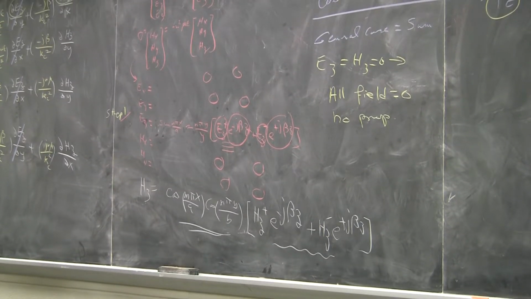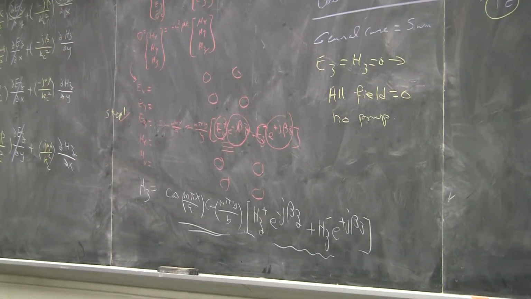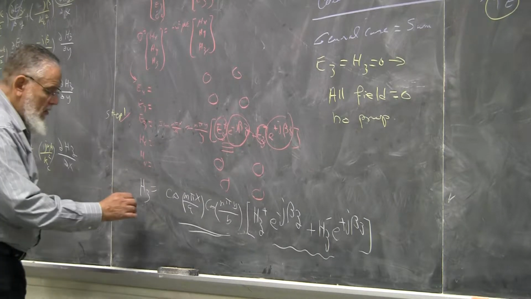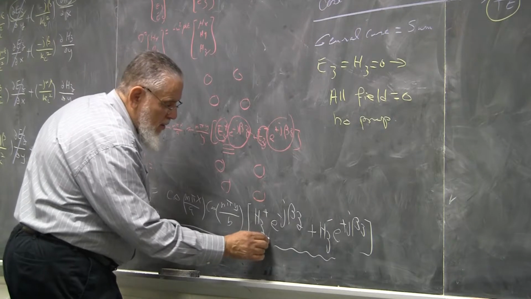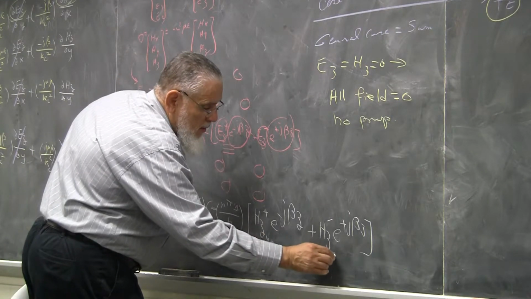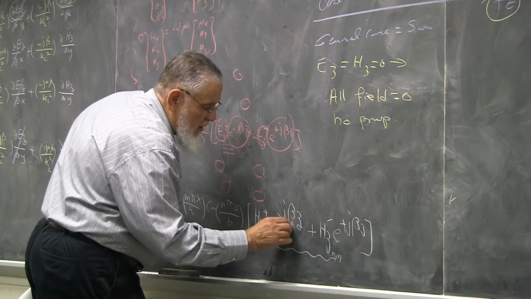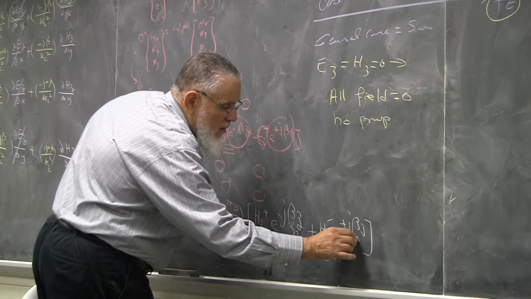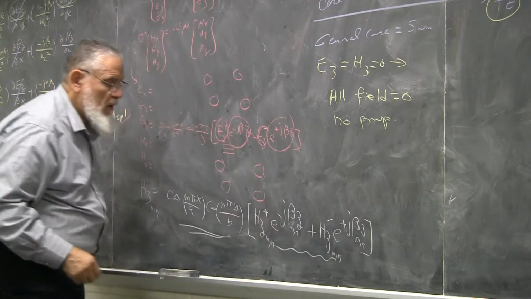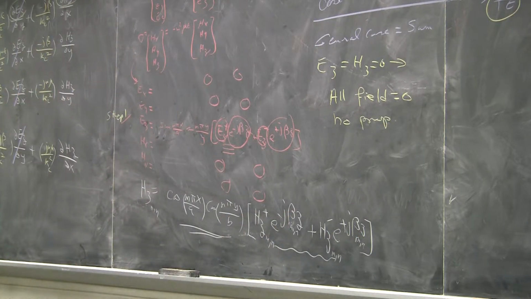Obviously, this is going to be m and n, and the beta here is m and n. All of these will get subscripts m and n. And the overall H sub z will be the superposition of all possible m's and n's.